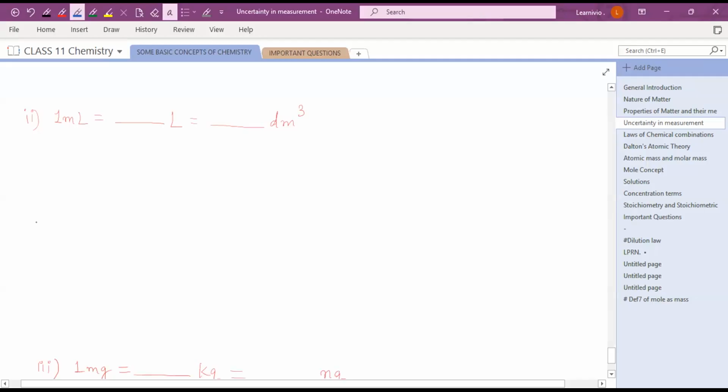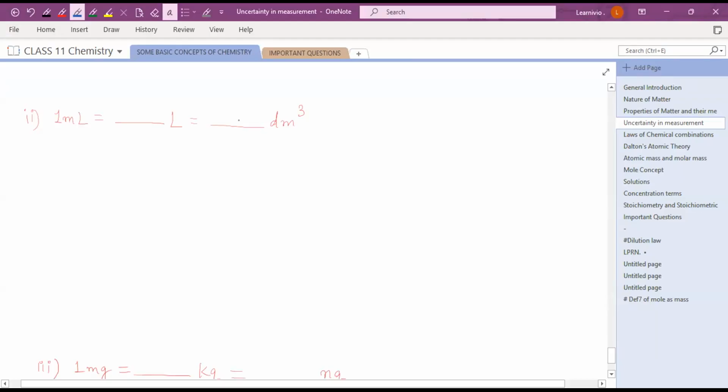Ma'am, can you repeat that equation that you had given for the centimeter cube and decimeter cube relation? Yeah. See, both of you first see here. 1 milliliter is equals to how many decimeter cube?